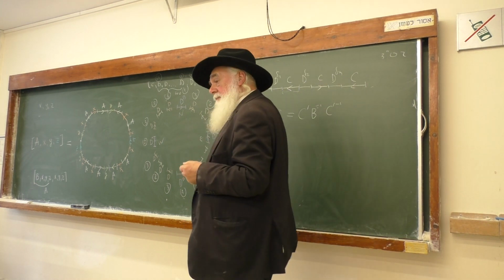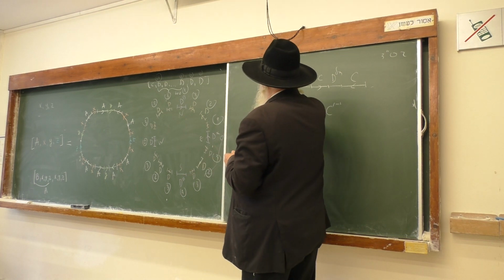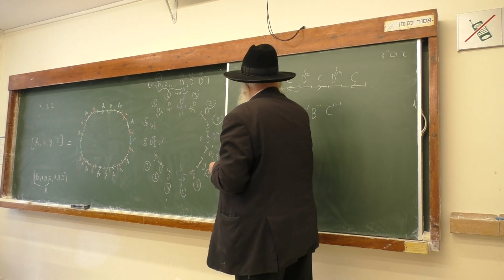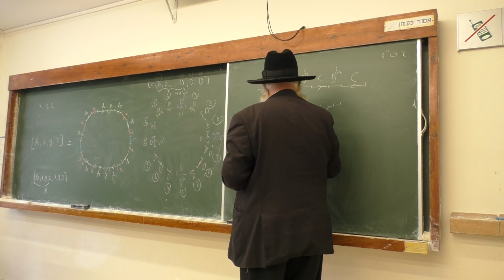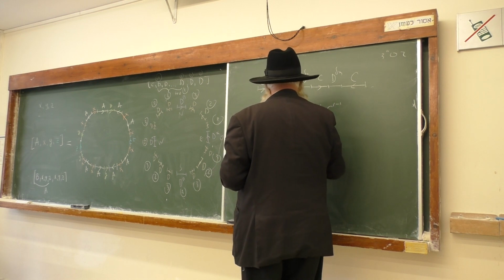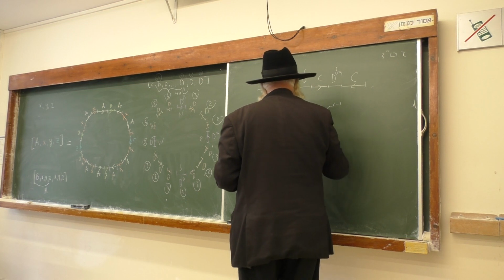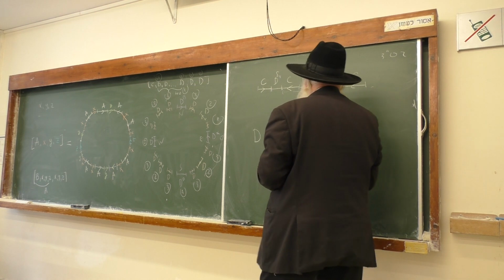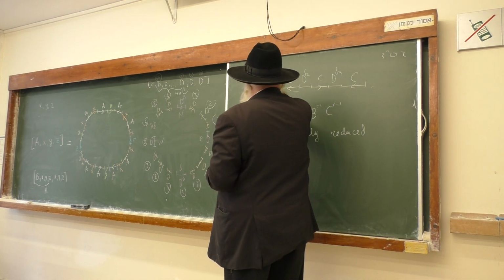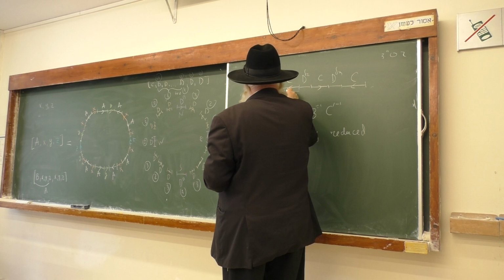Now, what happens is that here the word D is cyclically reduced. So it means we go in this direction, and this letter is precisely this one.